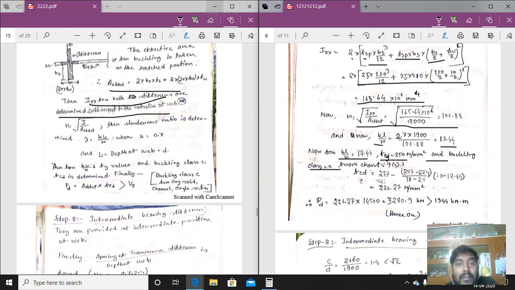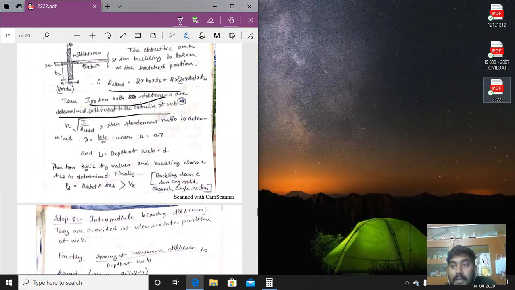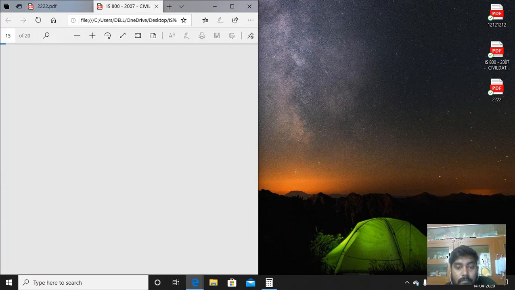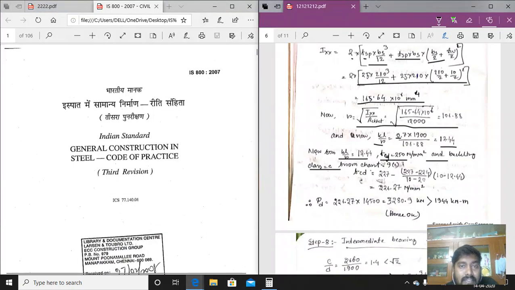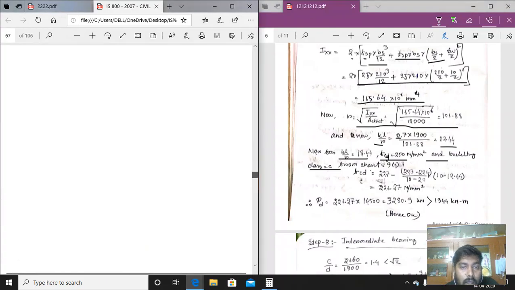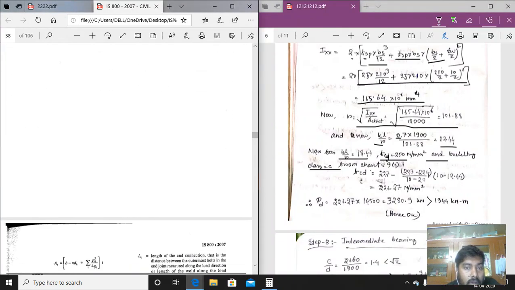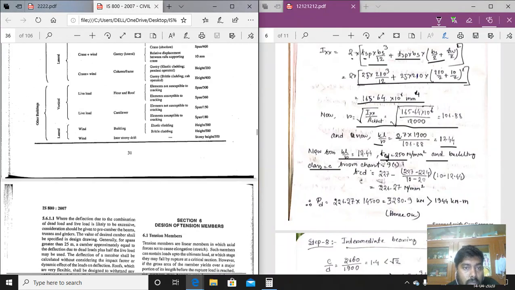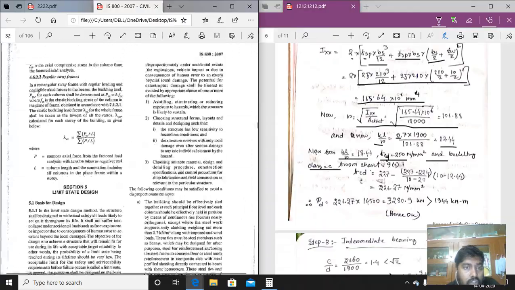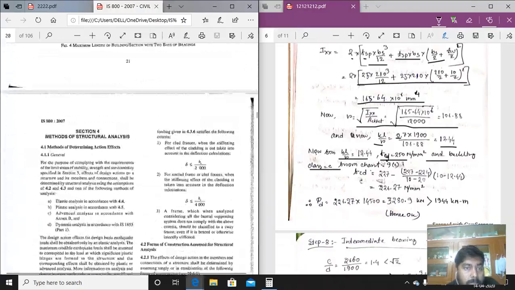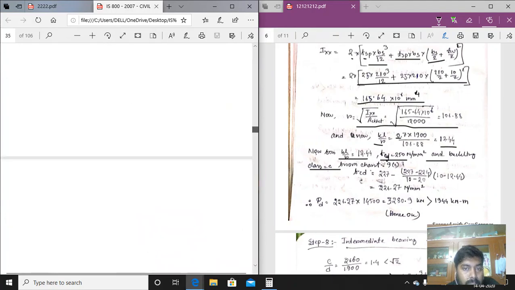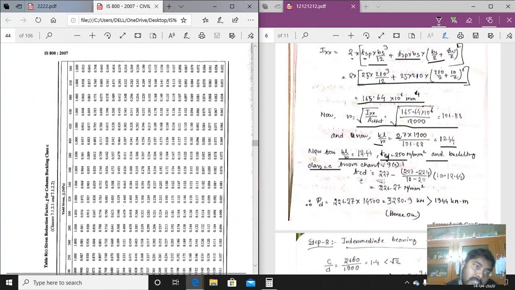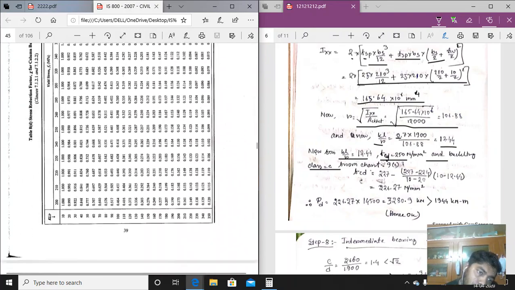Let us open the code IS 800. So this is IS 800. Let us move to Table 9. Okay, so this is the table number 9C.